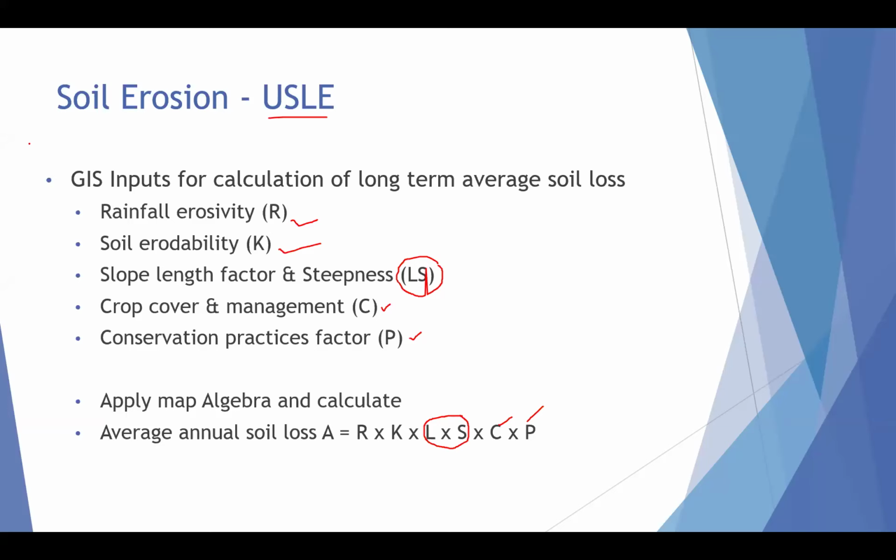So use these, like your erosivity, erodibility, and so on. You can have 5 different layers indicating each of these values, and then apply a simple map algebra so that you can calculate the average annual soil loss.